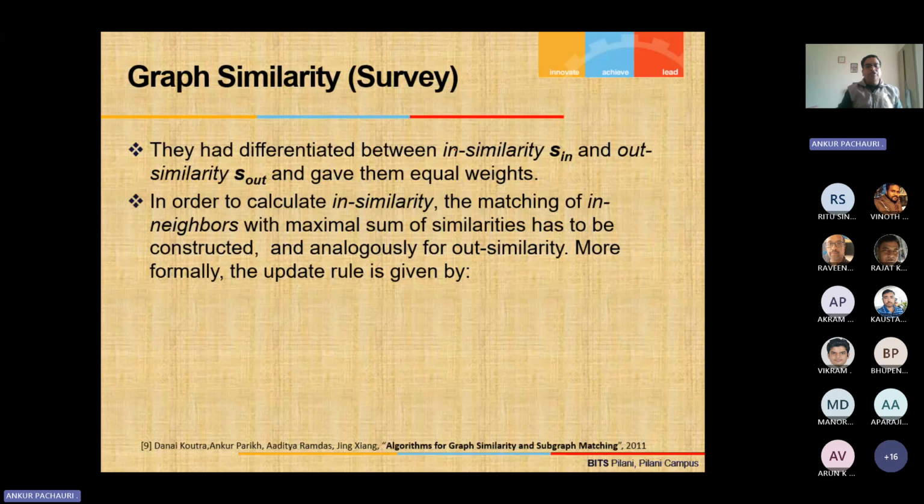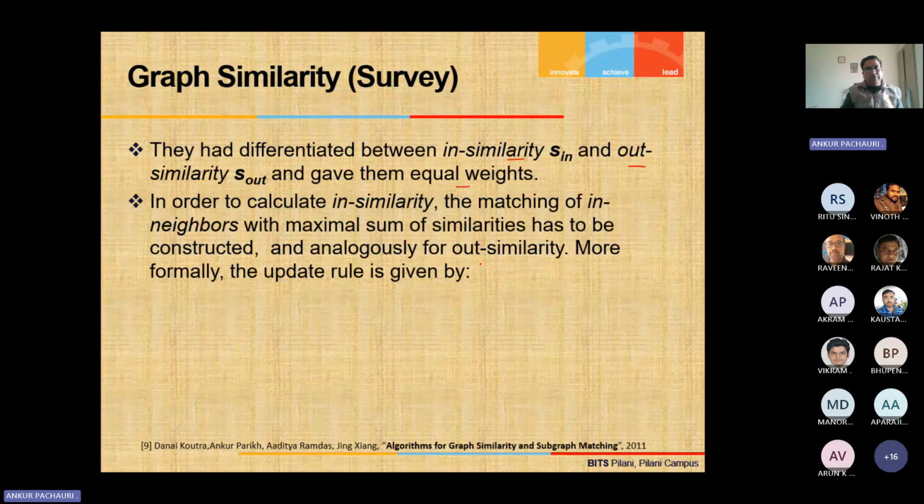They differentiate between in-similarity and out-similarity, based on the incoming neighbors and the outgoing neighbors, and give them equal weights. To calculate the in-similarity, the matching of in-neighbors with a maximum sum of similarity is constructed.